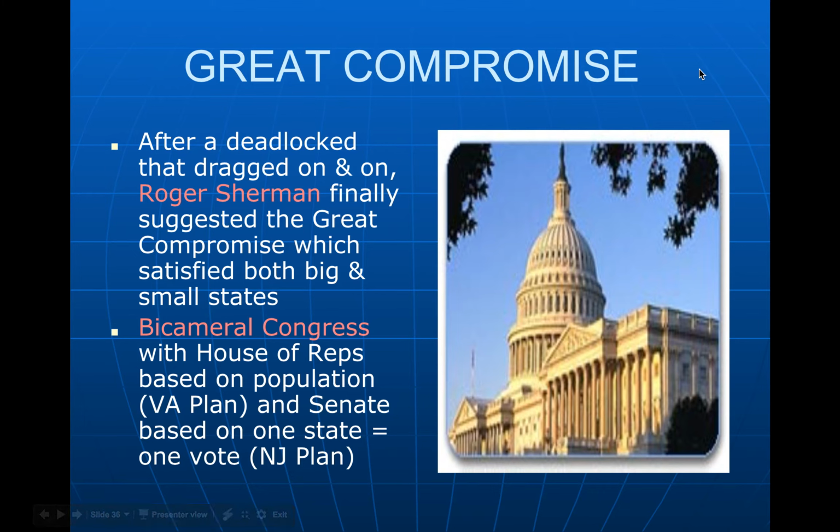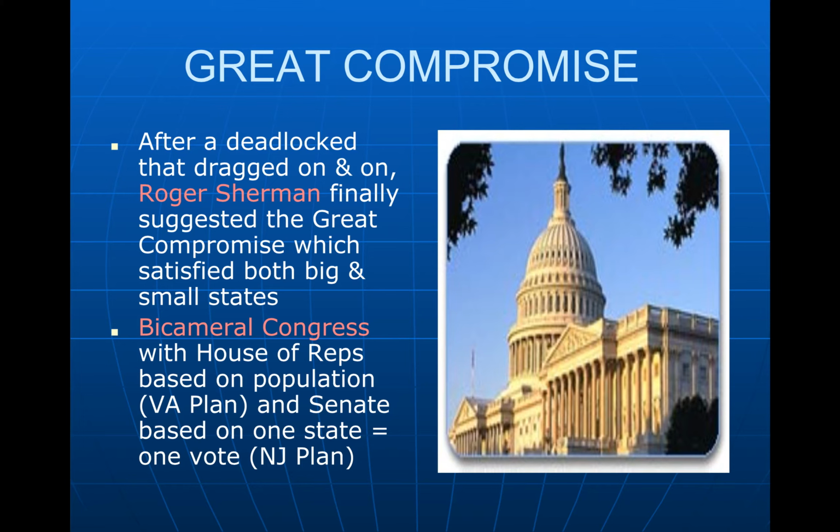After a deadlock on the Virginia and the New Jersey plans, Roger Sherman finally suggested a compromise, which becomes known as the Great Compromise, and it satisfies both the large and the small states.